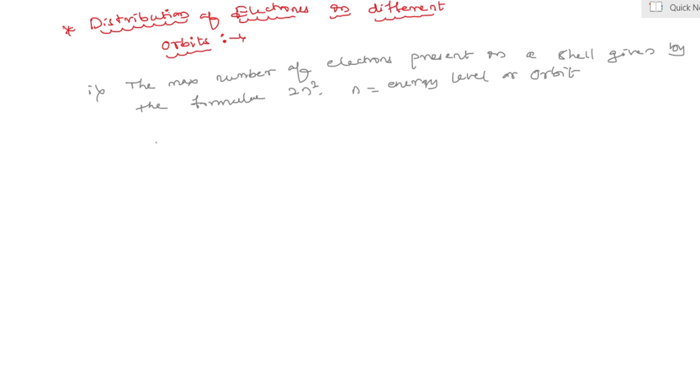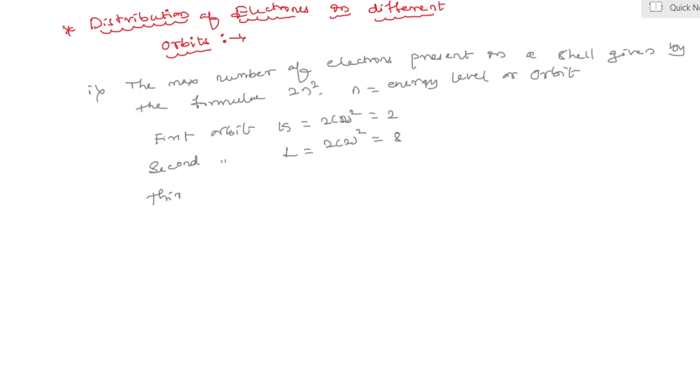Here the first orbit, K, according to the formula 2n square, is 2. The second orbit, L, is 2 into 2 squared, equal to 8.